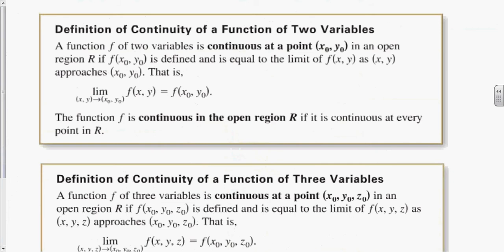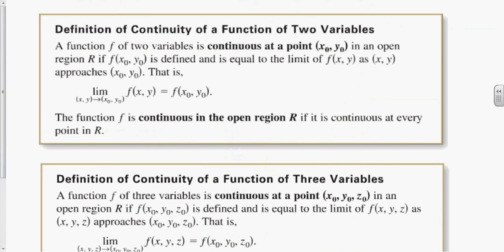Well, with the idea of the limit, we can also talk about continuity. And again, the definition that I've given for continuity is the same here. That is that the limit of the function at the values x naught, y naught, that this limit exists. The function value at x naught, y naught is defined. And then thirdly, the limit of the function as x and y go to x naught, y naught is the function value.